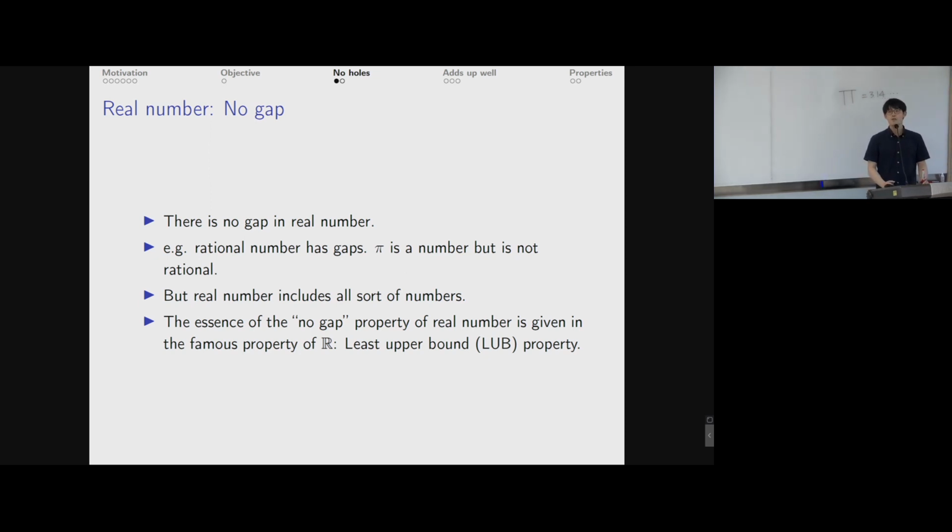If you remember calculus or analysis courses, you remember where you draw a horizontal line like this for number systems. Usually this line means the real numbers because there's no gap. It shows in a visual sense that there's no gap in the number system.